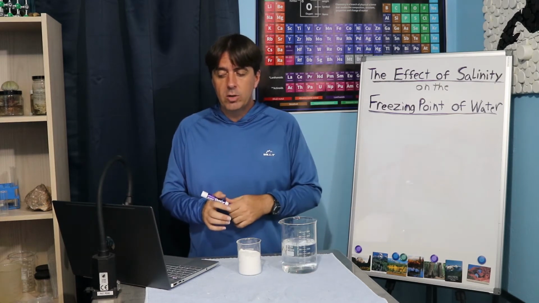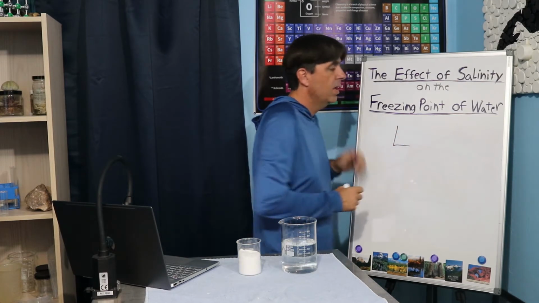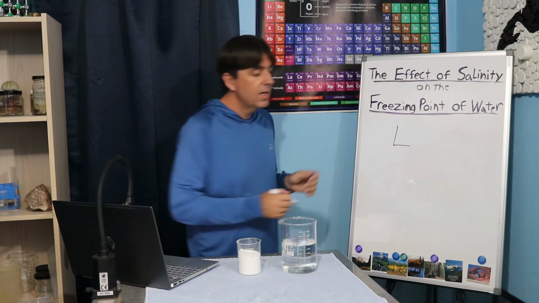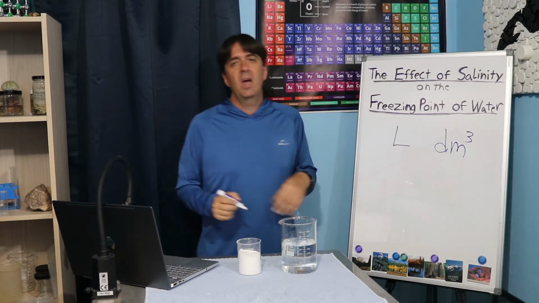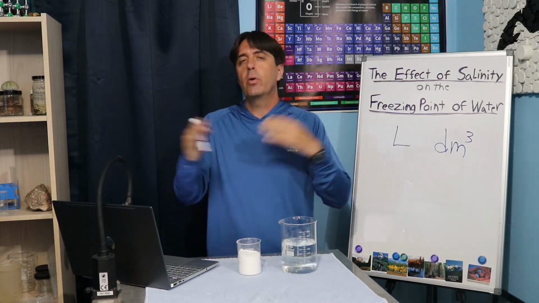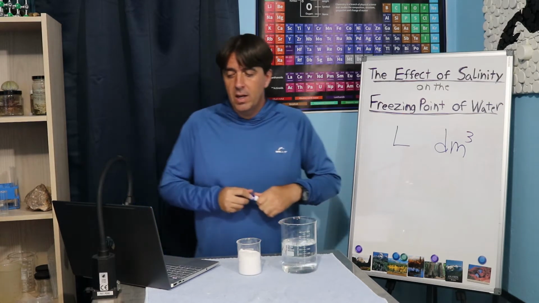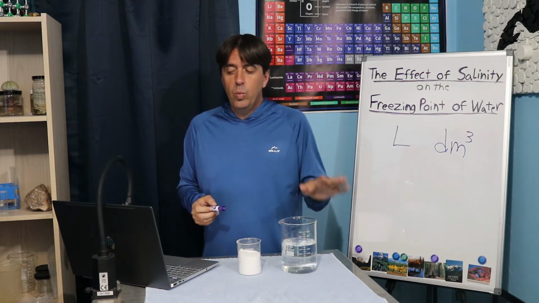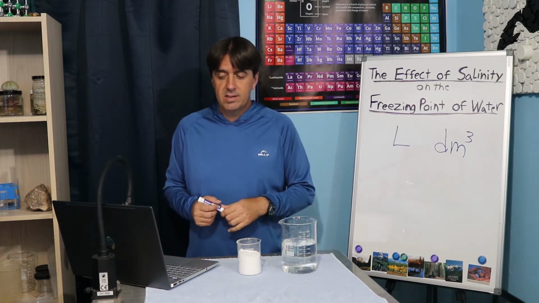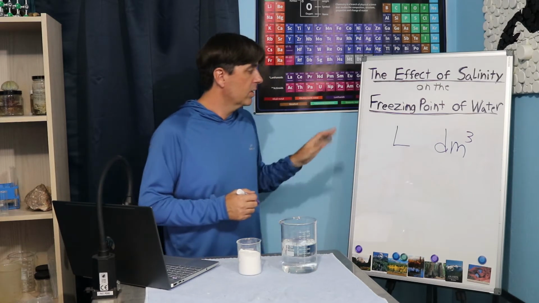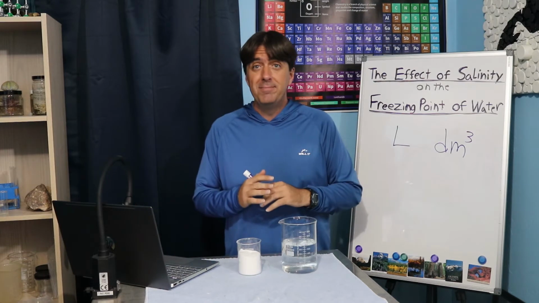Now, we can look at volume in liters, which also happens to be decimeters cubed. I mentioned both of these because you might see both of them in a lab write-up, and they are essentially equal. We will be working with moles per decimeter cubed in this experiment. So that's what we're looking for, molarity per decimeter cubed in our experiment.